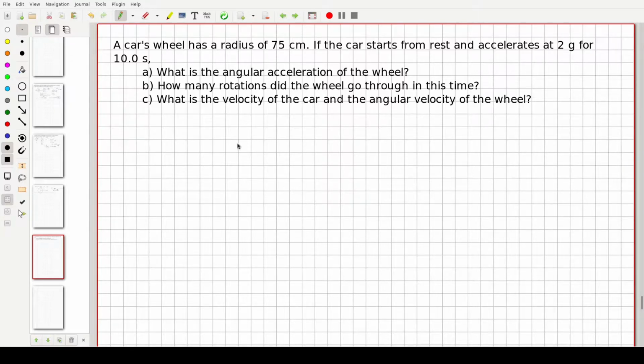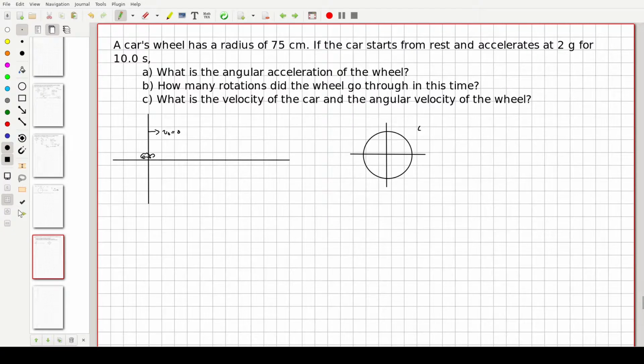Okay. So what I propose to do is, we're going to draw two pictures here. We're going to draw one of the car itself and then one of the wheel. So here's the car. Okay. It has an initial velocity that's 0.